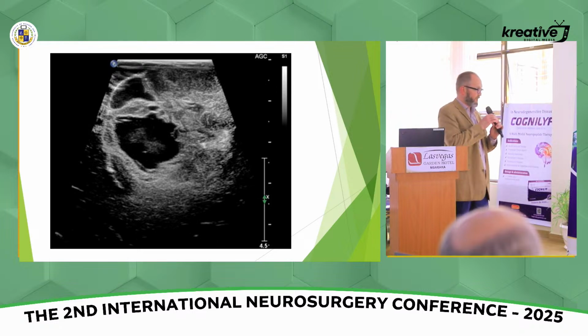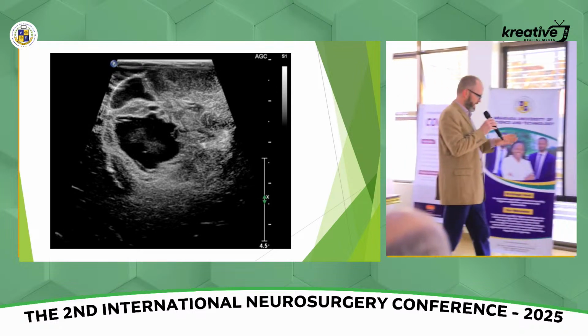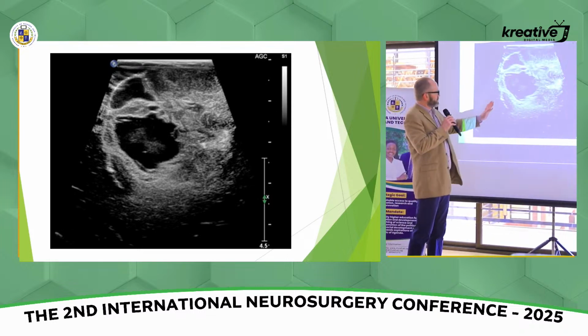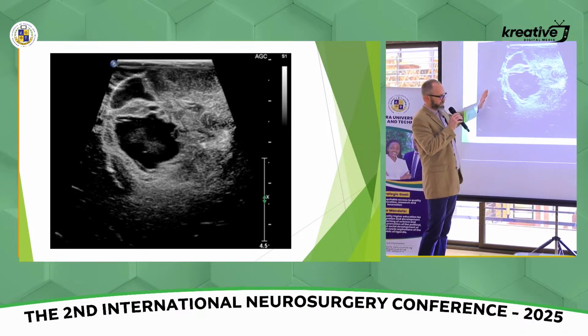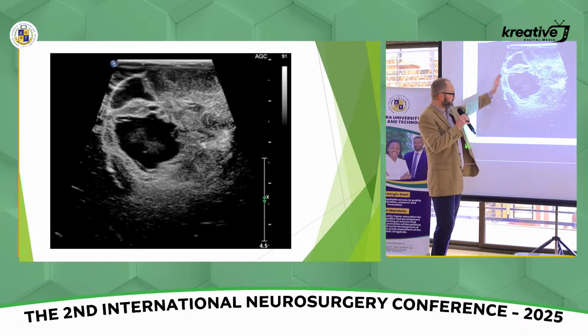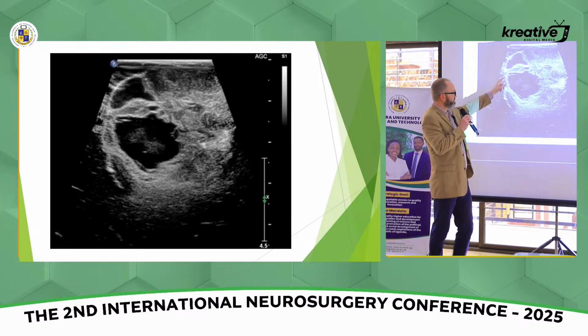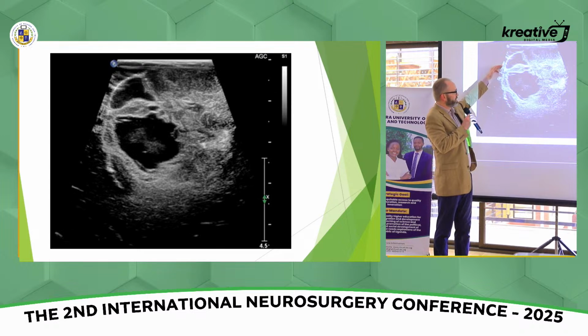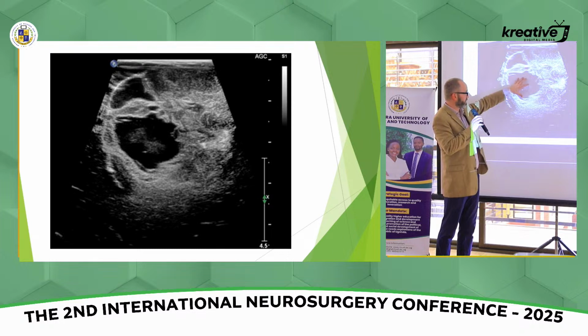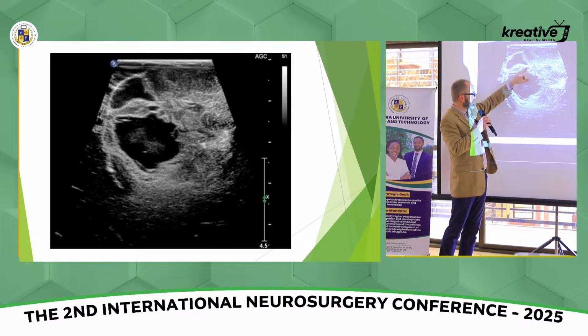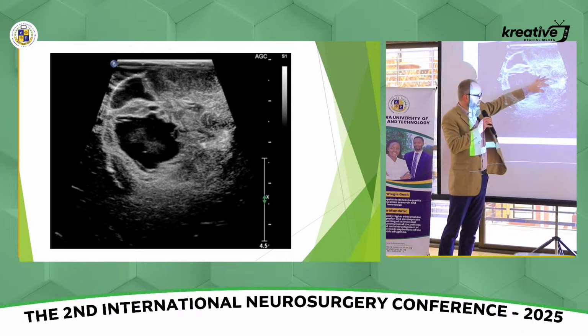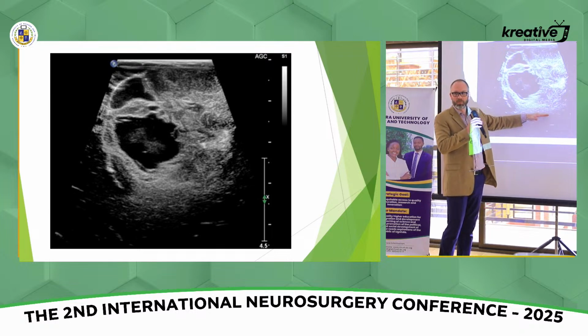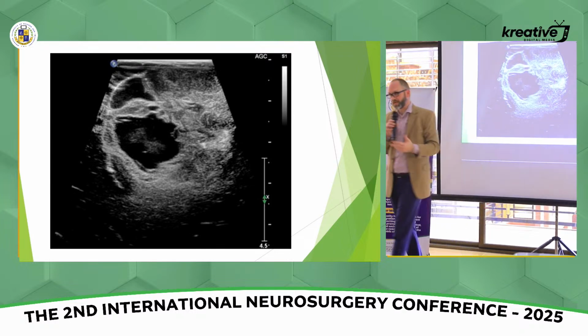So this is a high-frequency linear array that has a little virtual sector array portion of it, where you can see a little wider than the probe itself. But you can look at the resolution that you get here, distinguishing different densities of the tumor and tumor tissue versus surrounding brain. And this is a high-grade glioma, areas of central necrosis, some very fibrous areas here, and then it fades into the normal brain, as you'd expect from a high-grade glioma.